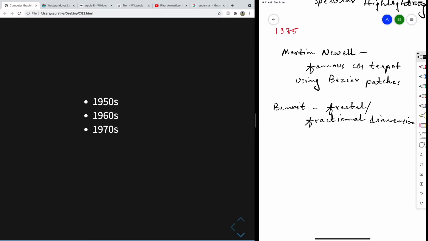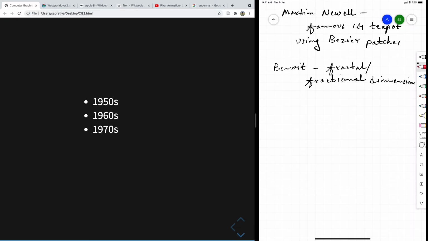So these things are the important milestones in the history of computer graphics. So please bear with me for a moment. I know this is boring, but since these are the important milestones, we have to know about them.